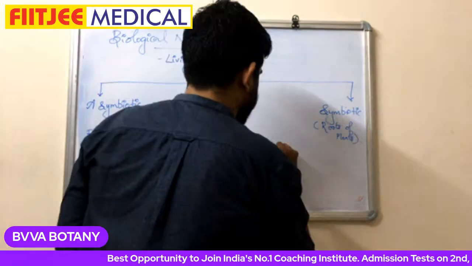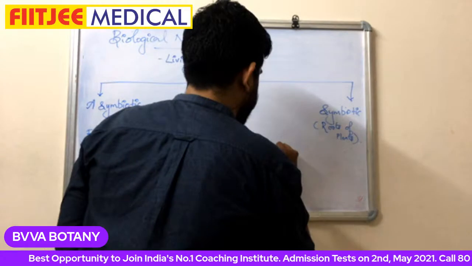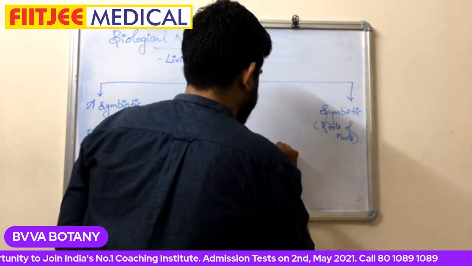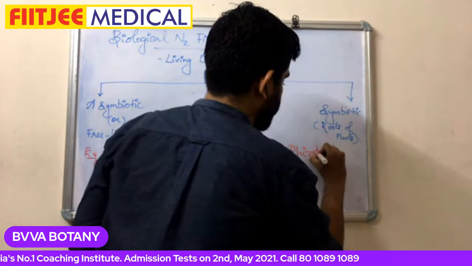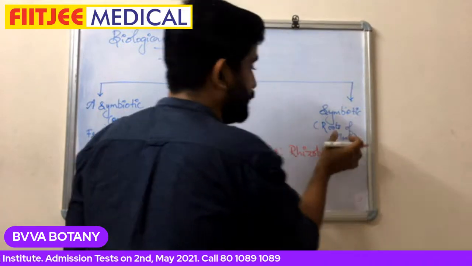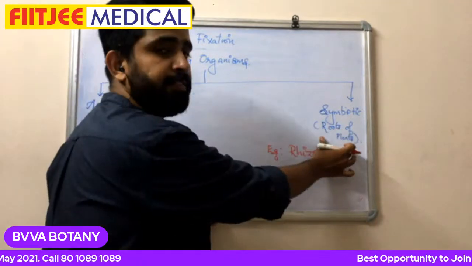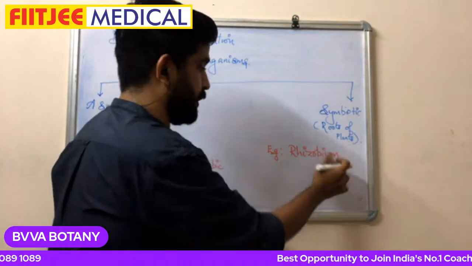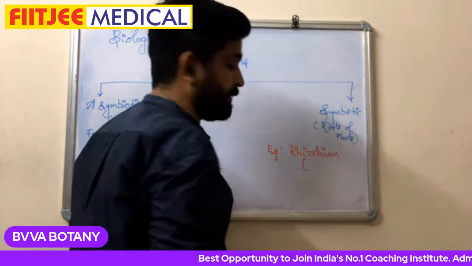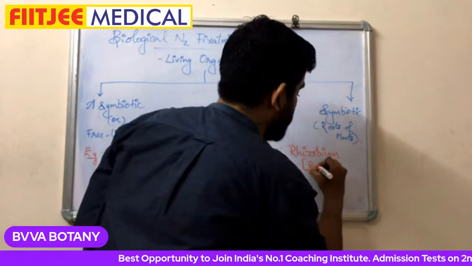Moving to the symbiotic one, an example of a bacterium is Rhizobium. And as we said, the symbiotic type of living organism will be found associated with the roots of plants. Here it is found in the roots of leguminous plants.